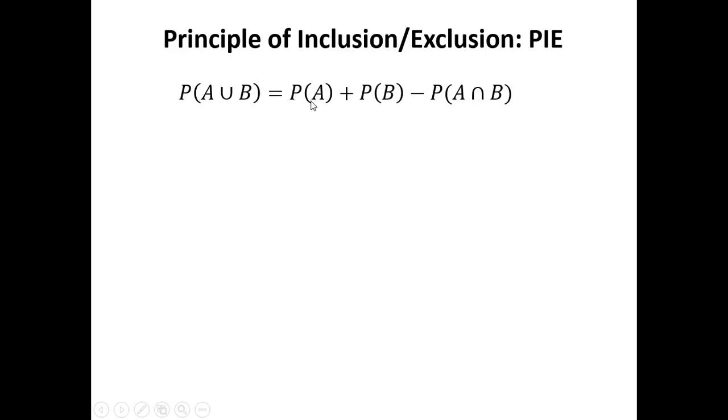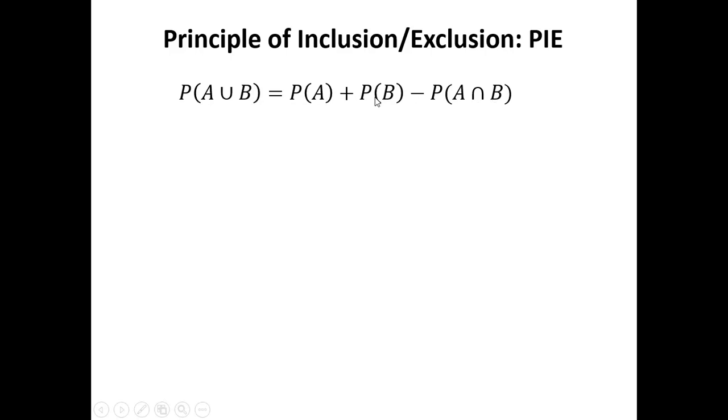So the idea here is that you count everything in A and you count everything in B. Now, by doing that, there are some elements that you've included in both of these. In fact, if anything is in the intersection, you've actually counted it twice. So now you need to subtract off what's in the intersection.